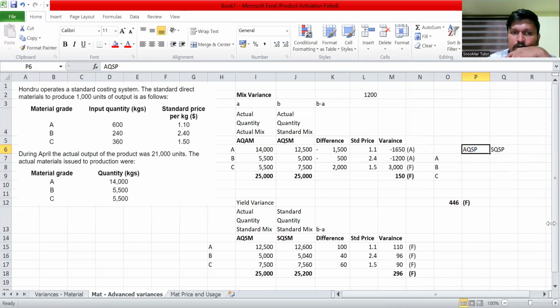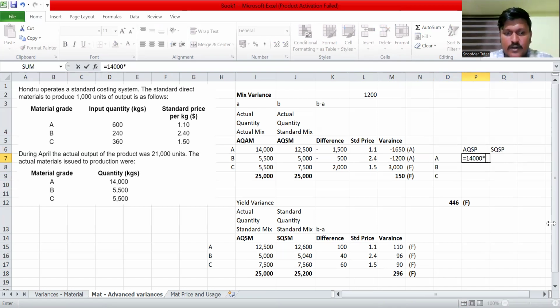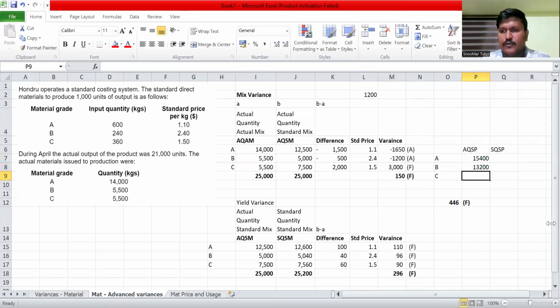So for A, B, and C, actual quantity at standard price, how much? Actual quantity was 14,200, right? You can get it from this particular question. So 14,000 multiplied by what is your standard price? 1.1. Again B 5,500 multiplied by 2.4, 13,200.